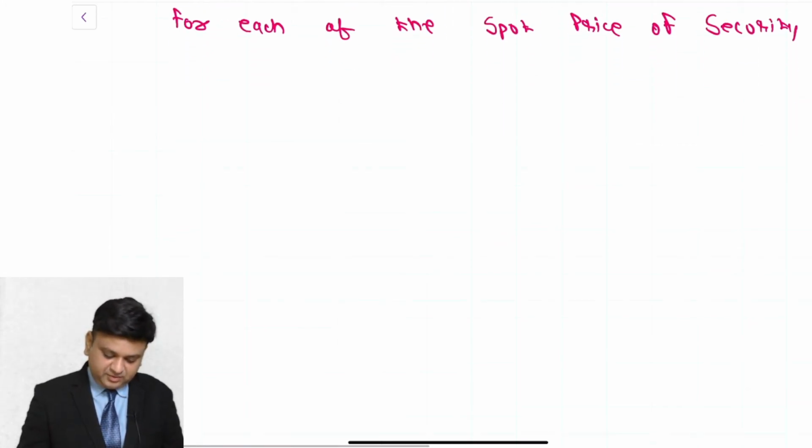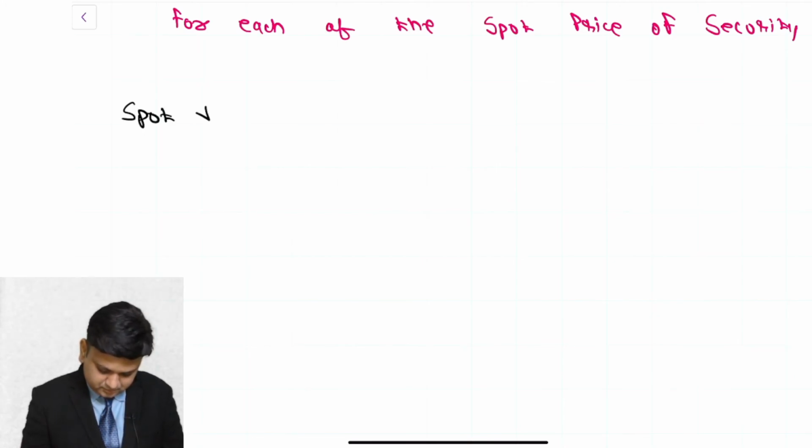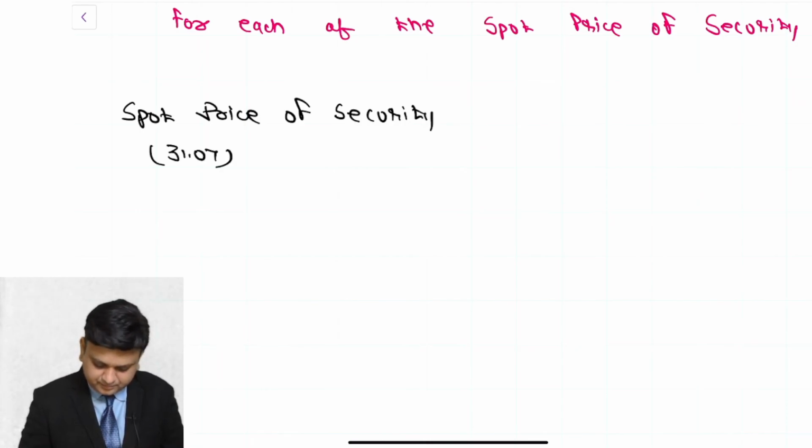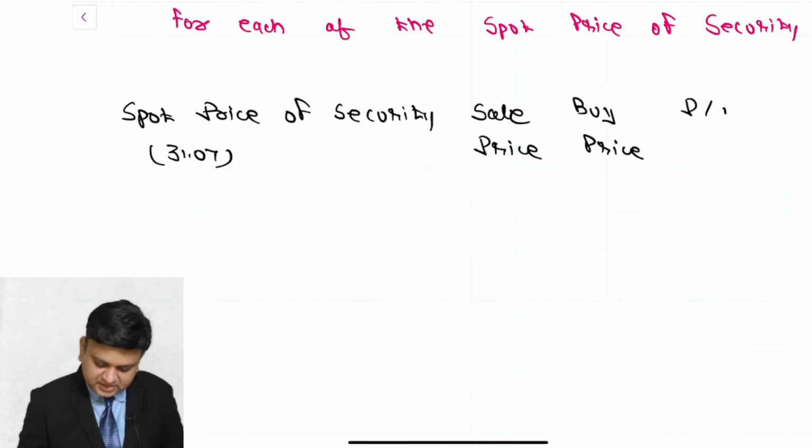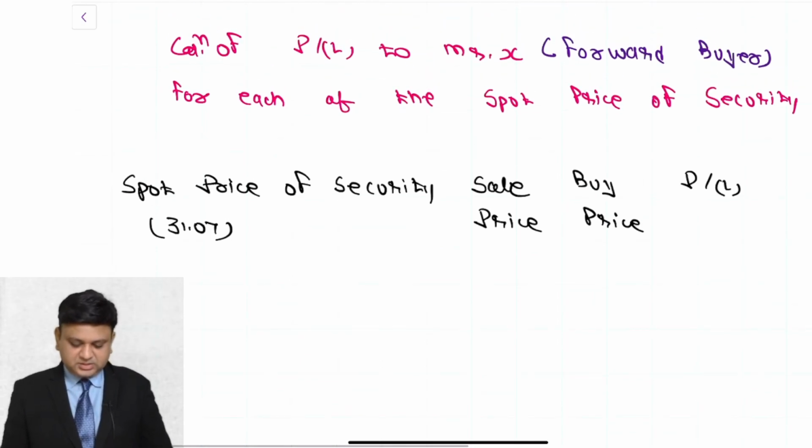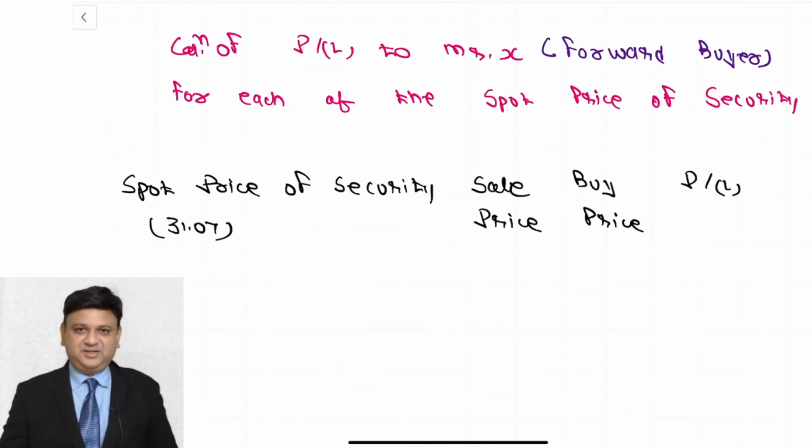So column number 1 will be spot price of the security on 31st of July, then sale price, then buy price, and lastly it is the profit or loss. This is the way we are required to complete the table.